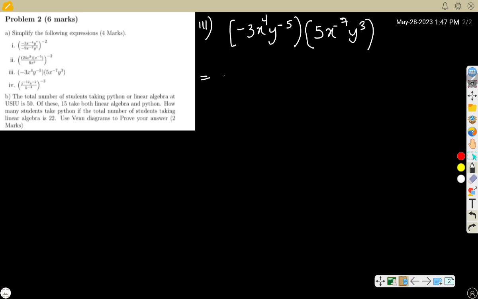So this is minus 15. That is 3 minus 3 times 5, 15. Then s raised to power 4 minus 7.